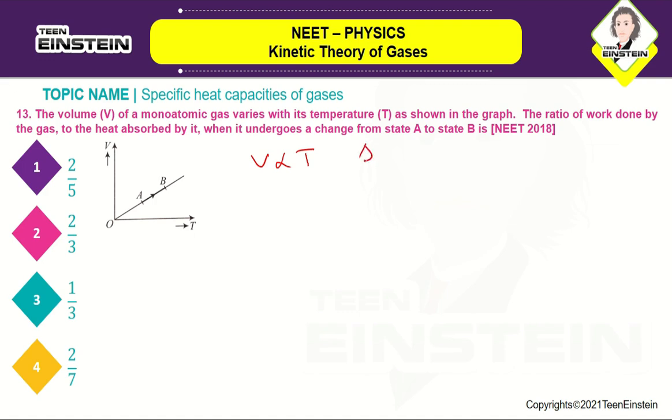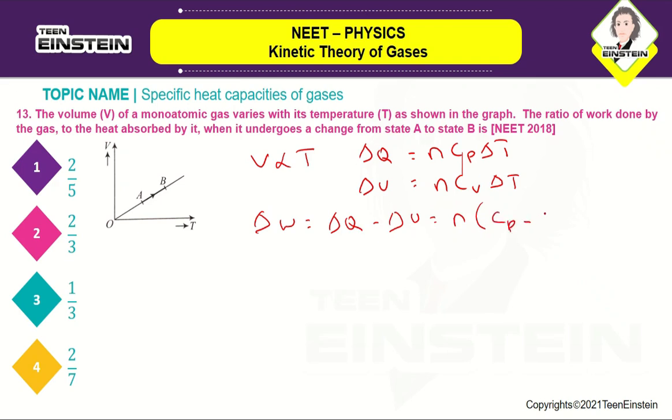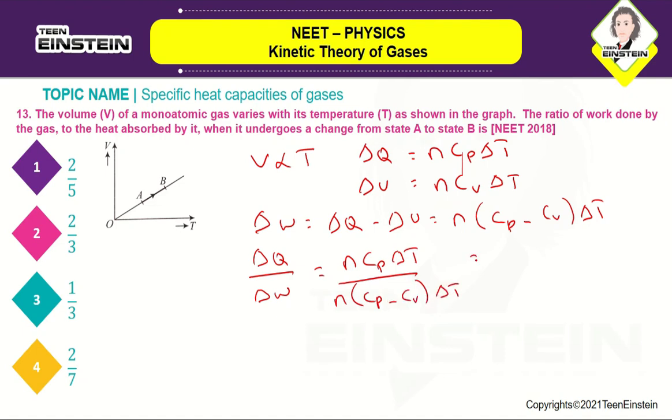So del Q will become n Cp del T, and del U is equal to n Cv del T. So del W is equal to del Q minus del U, so n (Cp minus Cv) del T. Del Q by del W is equal to n Cp del T divided by n into (Cp minus Cv) into del T. So del T will get cancelled, n will get cancelled.